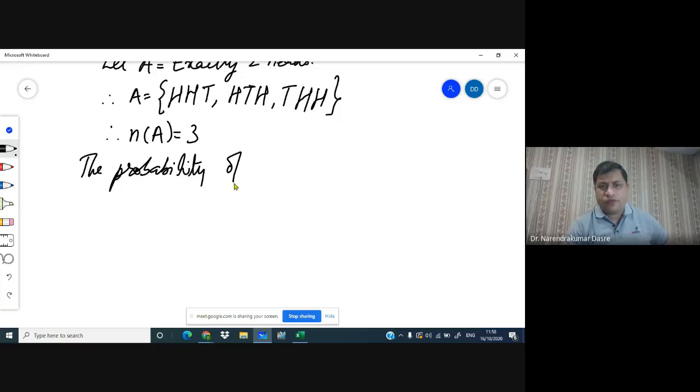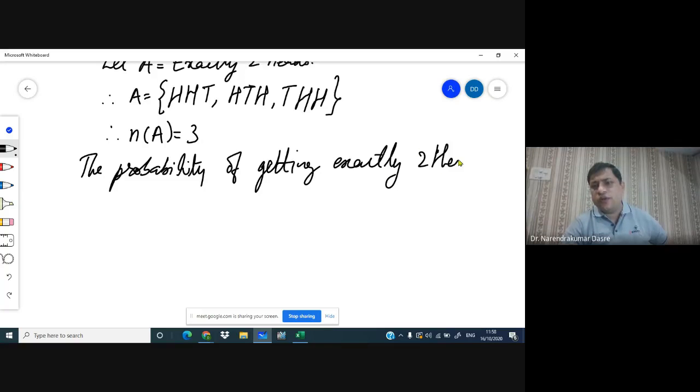So what we can say here, the probability of getting exactly two heads is, so what we have, probability of the event A. The probability of event A is what?